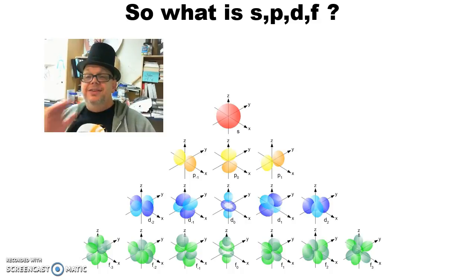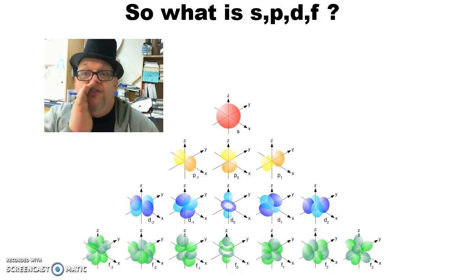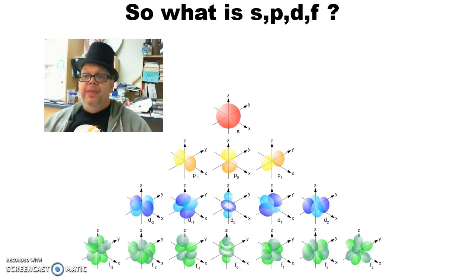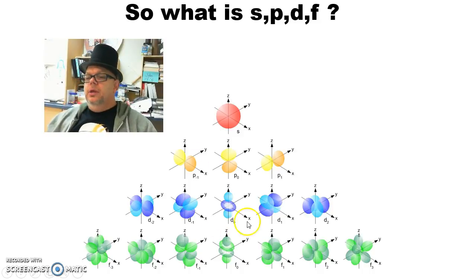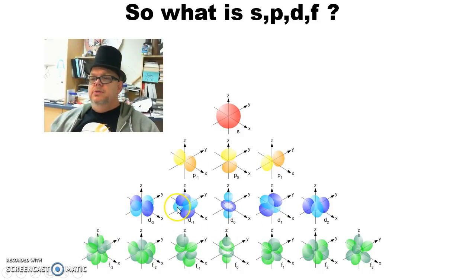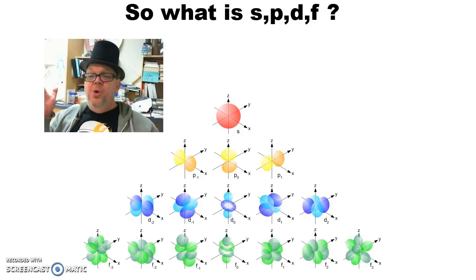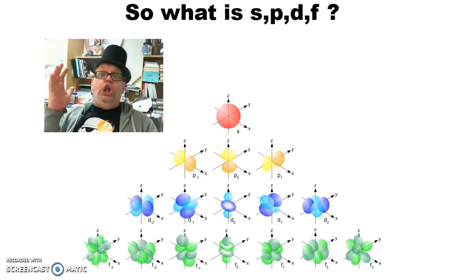This is true for every atom. Then you have the D sublevels. If you notice, they don't look exactly alike. If you look at this one here, it looks like a donut between 2 eggs. Weird. How do we even know what these levels look like?